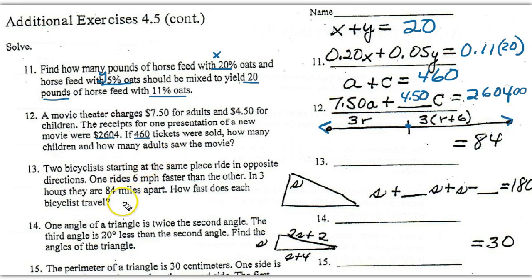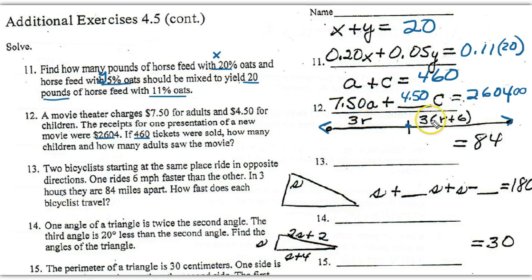And then eventually they're 84 miles apart. So, do we know the rate of the bicycle riders? And the answer is no. So we're going to call that R. That would be one of them that's going a little slower. The other one's going a little faster.